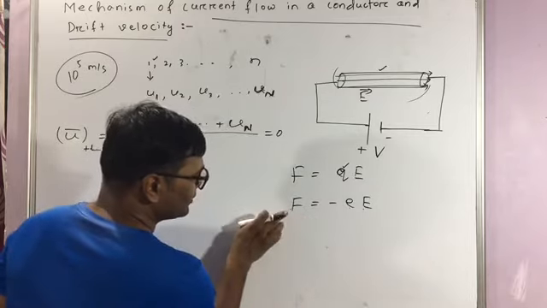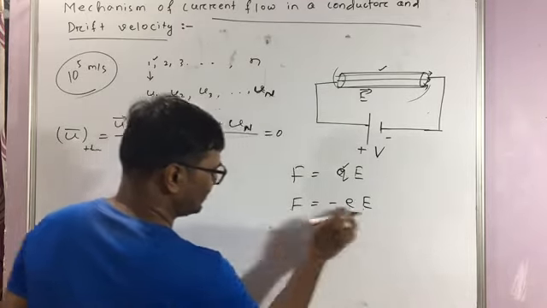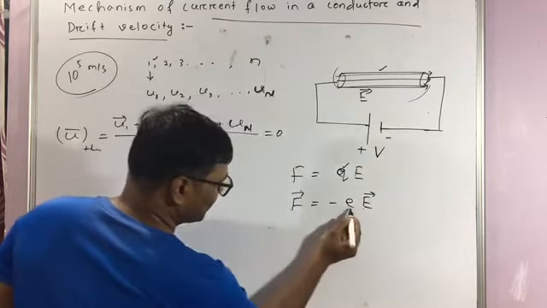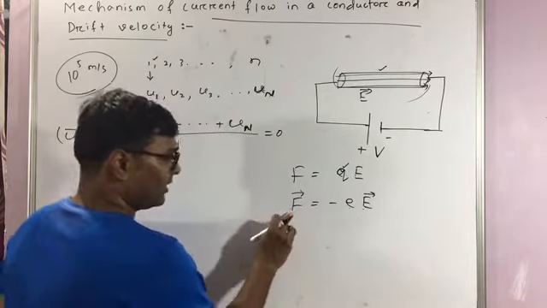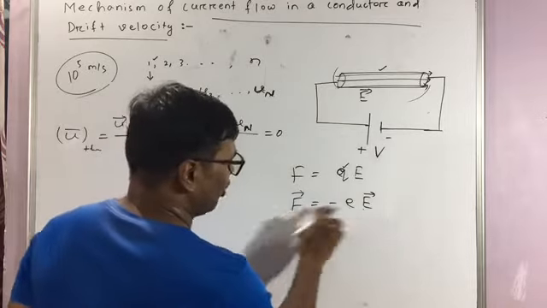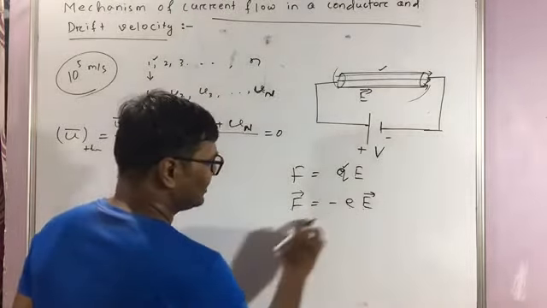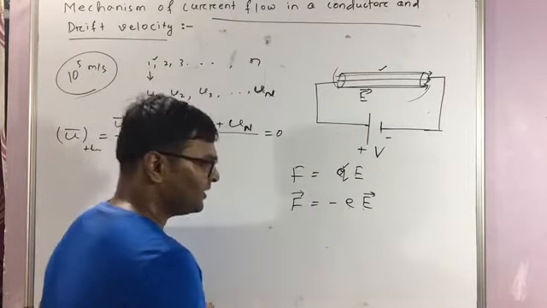So force is equal to minus e into E. It is actually a vector equation. It means the electron experiences a force opposite to the direction of the electric field, and the force is given by F equals minus eE.